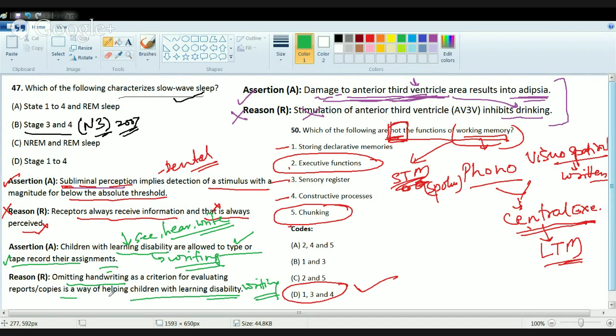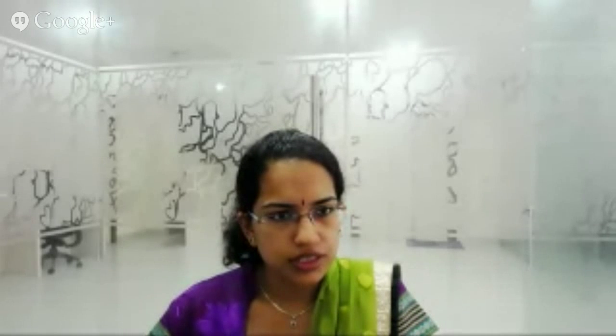That is again correct, because if I ask him not to do handwriting, he will perform well. So the assertion is correct, the reason is correct, and the reason is the correct explanation for the assertion. Because I am omitting handwriting, alternatively I can either type the assignment or tape record it. Now let's move on to the next set of questions.